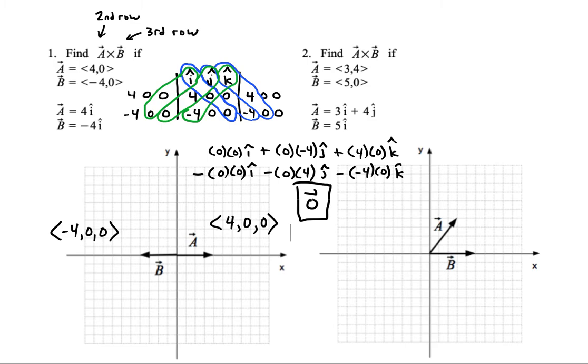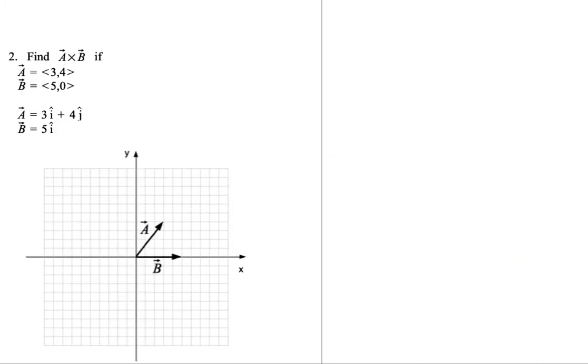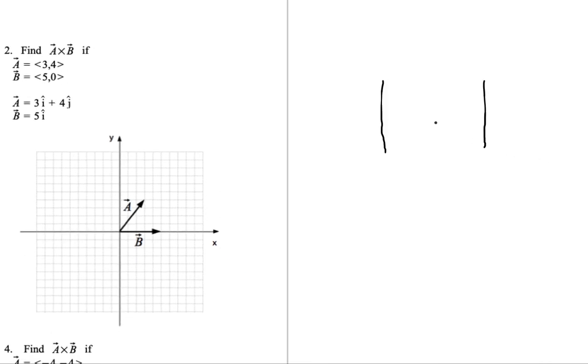Alright, I'll try it for number 2. Here for number 2, we actually will get an answer that's not 0. Put i, j, and k at the top. Put vector A in row 2 because we're finding A cross B. A will be 3, 4, 0.